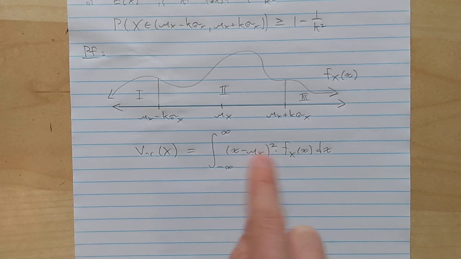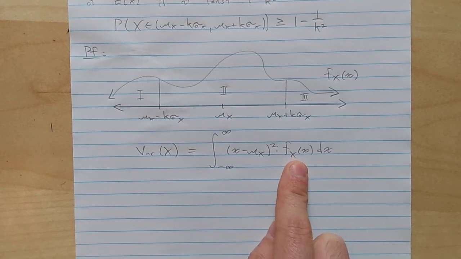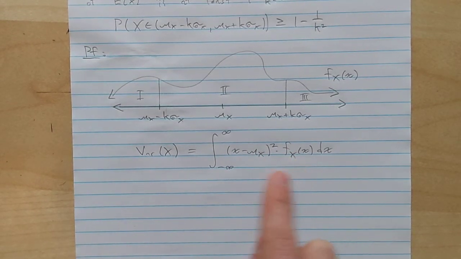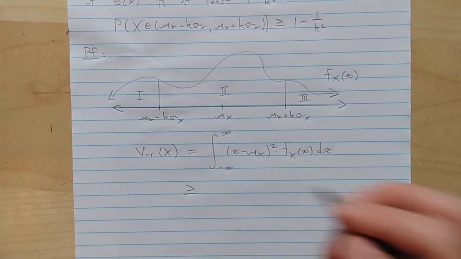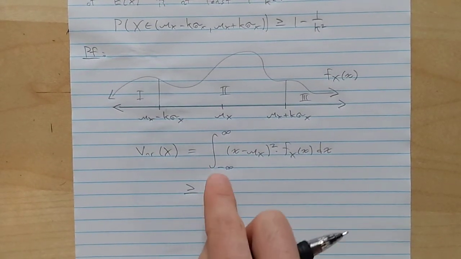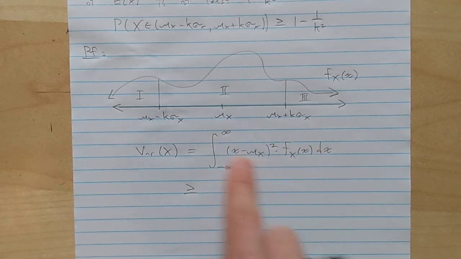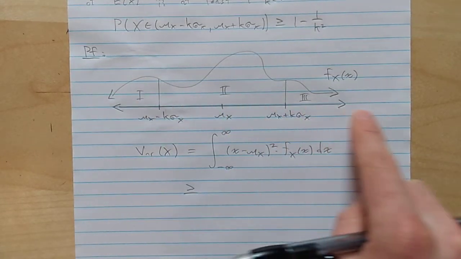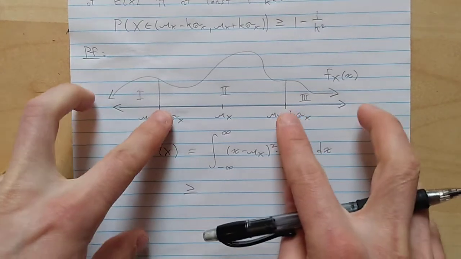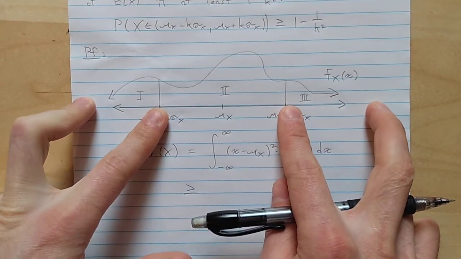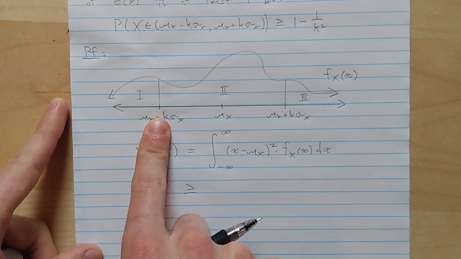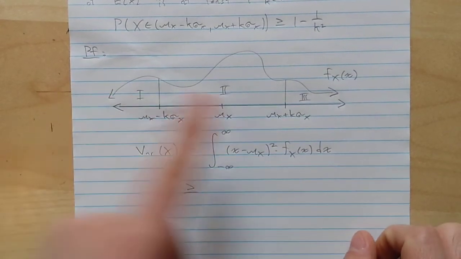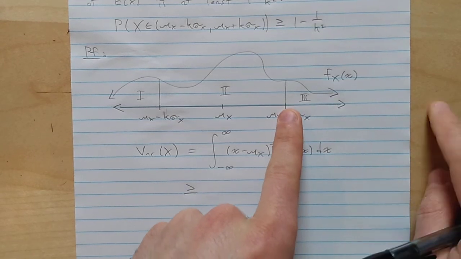And if you take 2 non-negative things and you multiply them, you get another thing that's non-negative. So therefore, the value of this integral has to be bigger than or equal to what you get if you integrate the same thing, but instead of integrating it over the whole real number line, you just integrate on these 2 outside pieces, the piece from minus infinity to mu minus k standard deviations, and the piece from mu plus k standard deviations out to infinity.